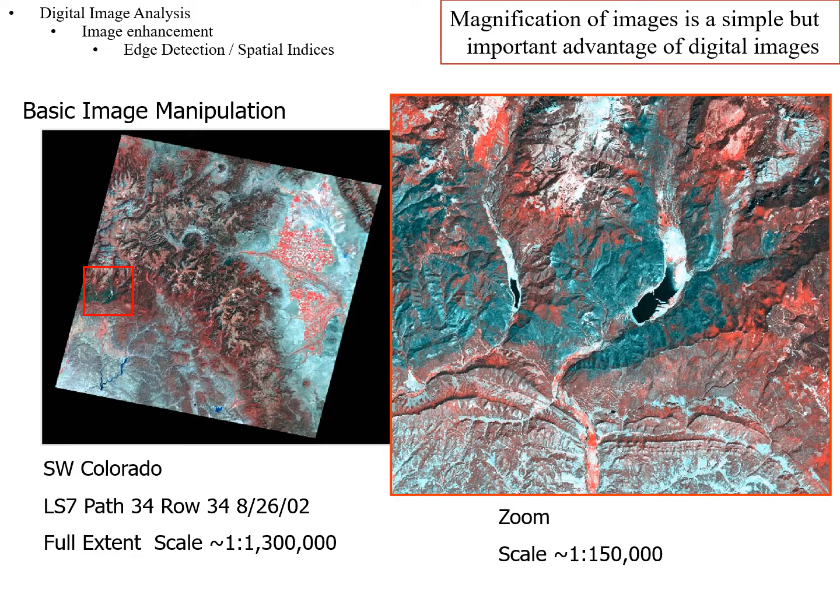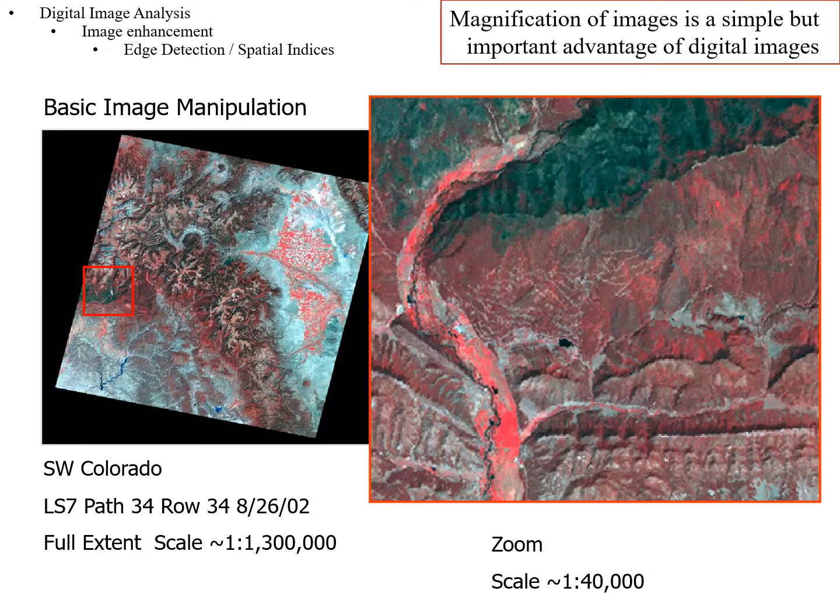It's one of the most simple things, but sometimes you just forget. Oh wait, I could look at this under magnification, and I don't need to go and get a magnifier or change levels of magnification. Boom, I just click to magnify or zoom in or zoom out. It's done.